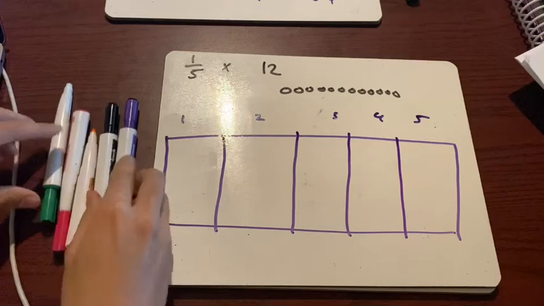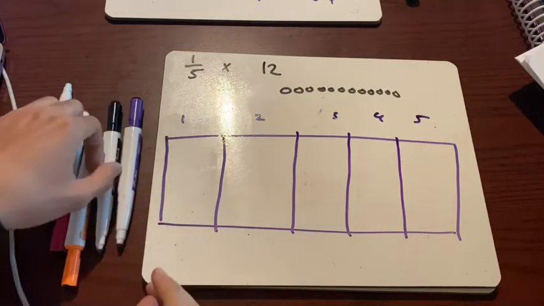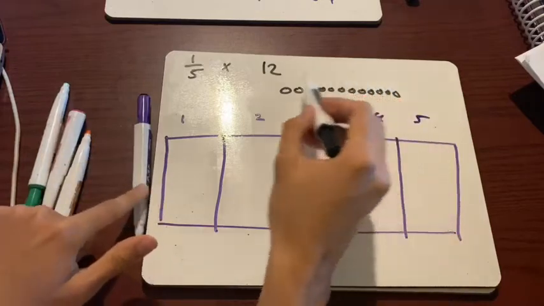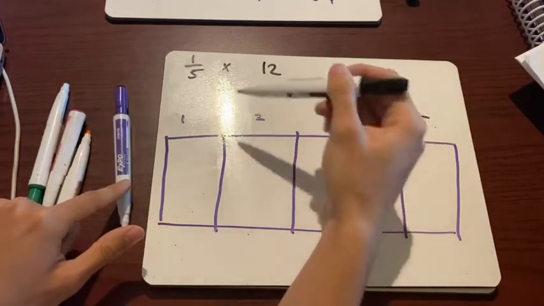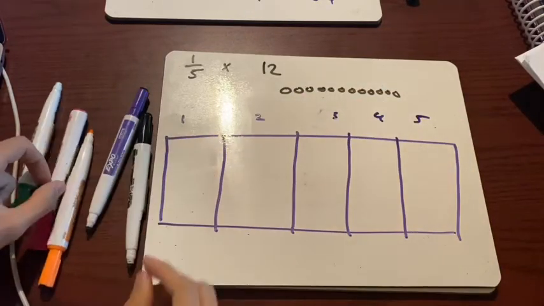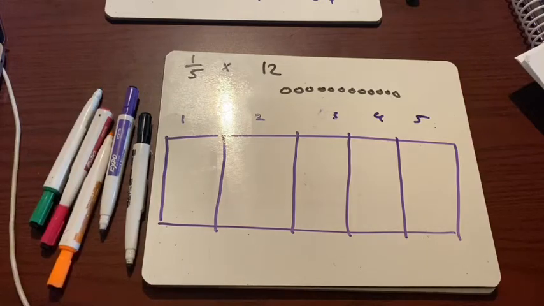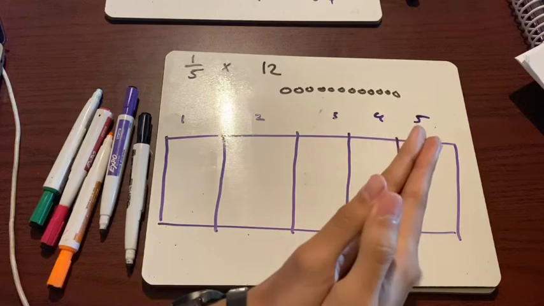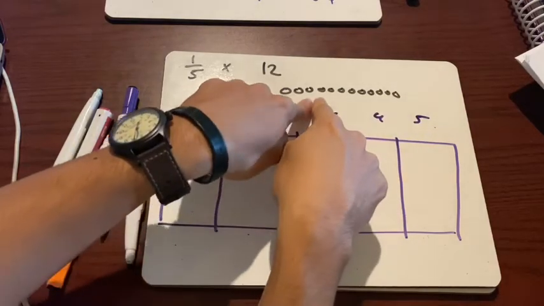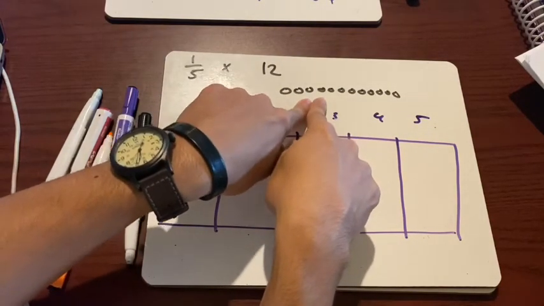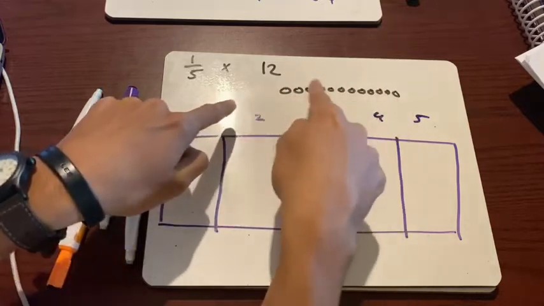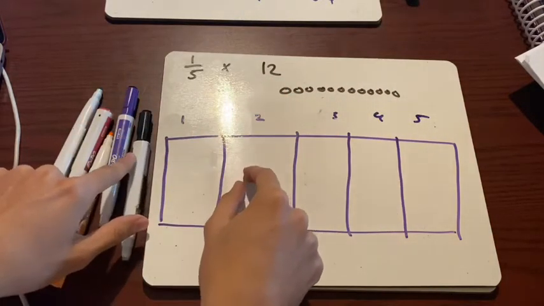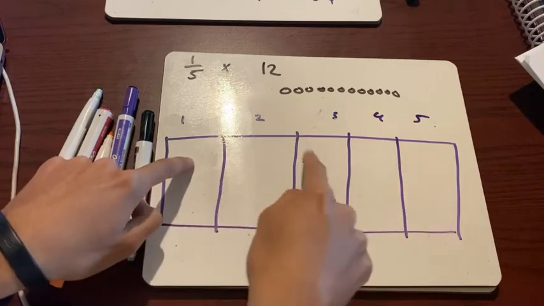Okay. Now, again, remember what you are doing is you are splitting up these 12 pieces of candy to each of your 5 friends or your 5 brothers or sisters, right? You want each of your brothers and sisters to have the same amount of candy because that's the only fair way. You have to split this up evenly, but if you try drawing it, you're going to see that they're not really going to add up evenly.